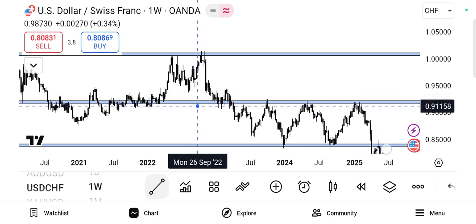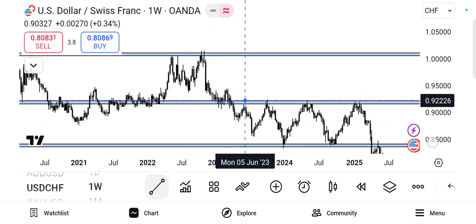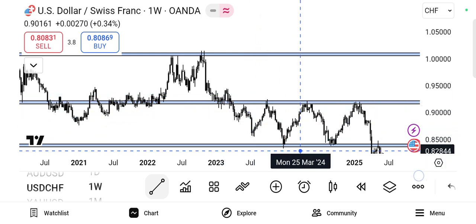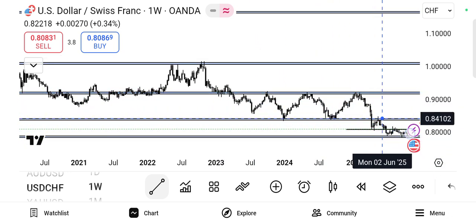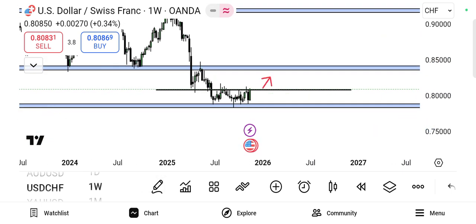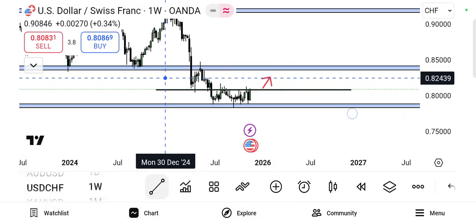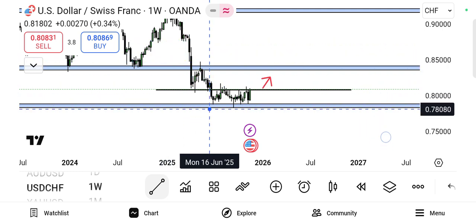Pullback to the neckline, continuation, pullback, continuation, pullback, continuation, then it entered some nasty range before it broke out, pullback, continuation. As it broke out from that nasty range, we see a breakout, retest, continuation.